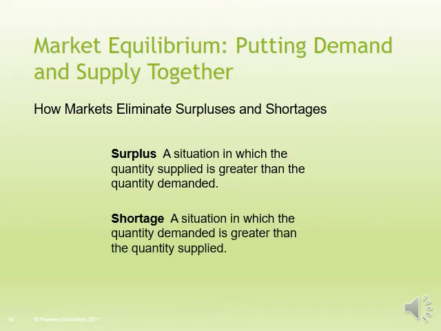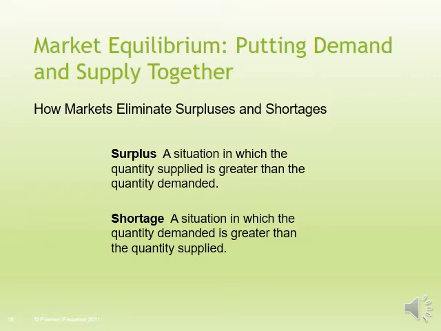A shortage is exactly the same as a surplus, but in the other direction, where the quantity demanded is greater than the quantity supplied. Let's say that the price of gold is currently $150 an ounce, and suppliers aren't that willing to mine as much gold at that low price, but lots more people are demanding gold.